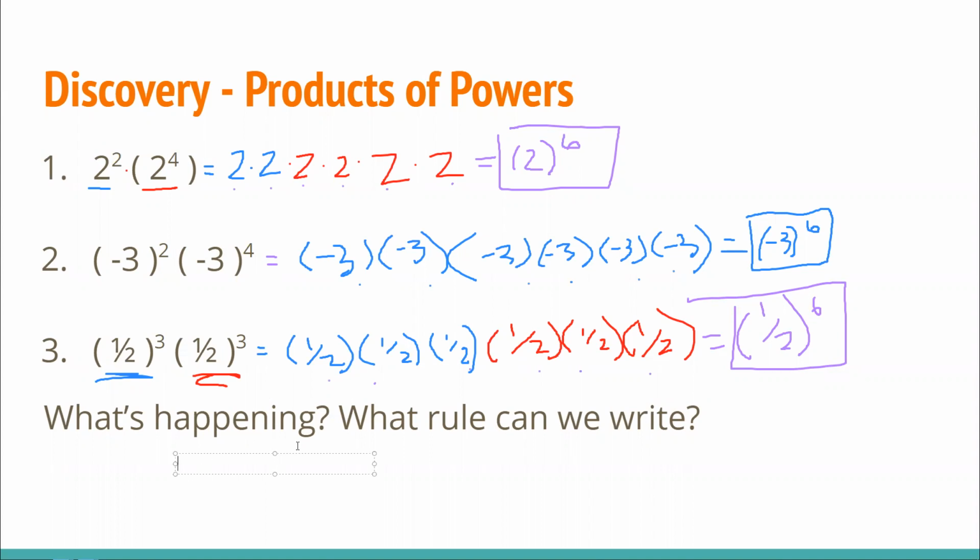So think about what's happening with those exponents. If you notice, we're adding the exponents and we're keeping whatever the base is. So we have the same number, so we're going to check to make sure they're the same number, and then we're going to copy down that base. And then we're going to add those 2 exponents to get whatever exponent our answer is.